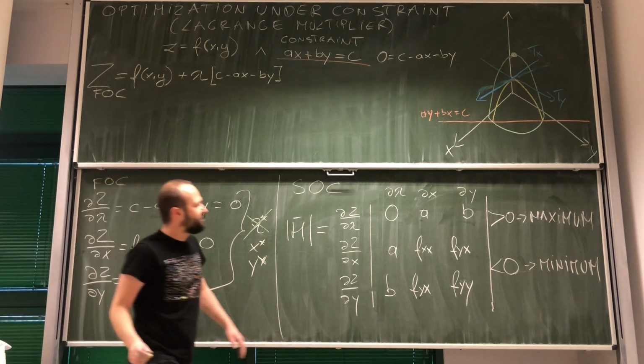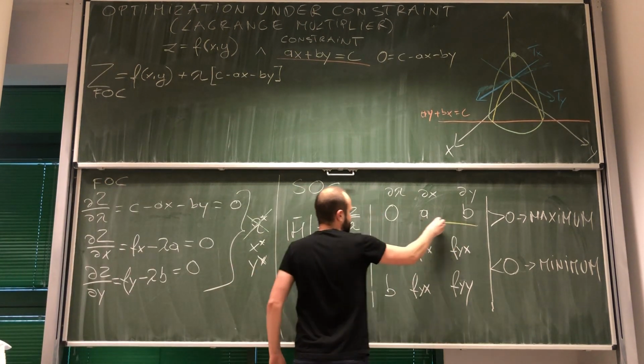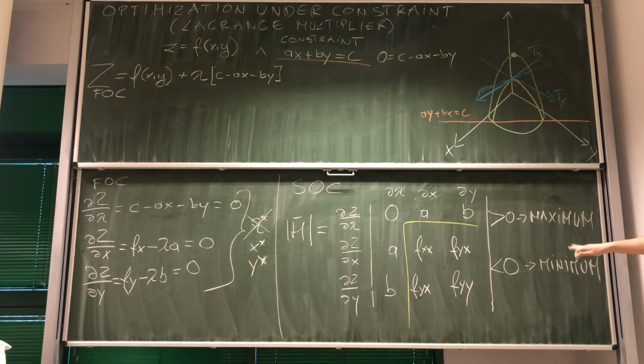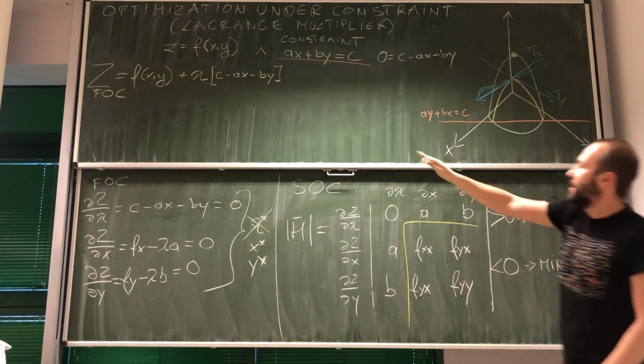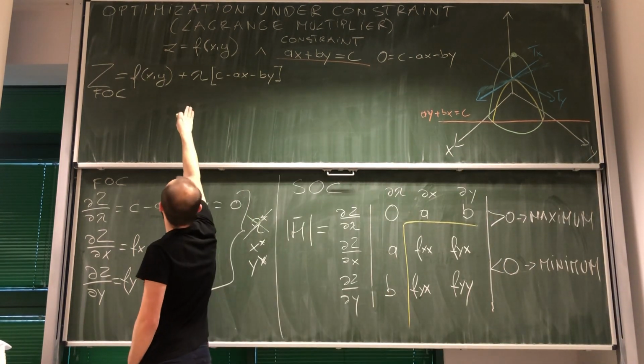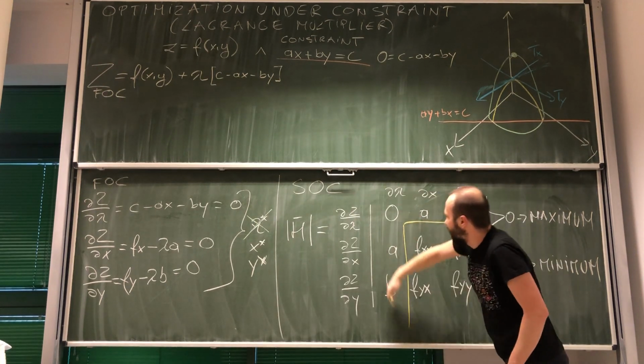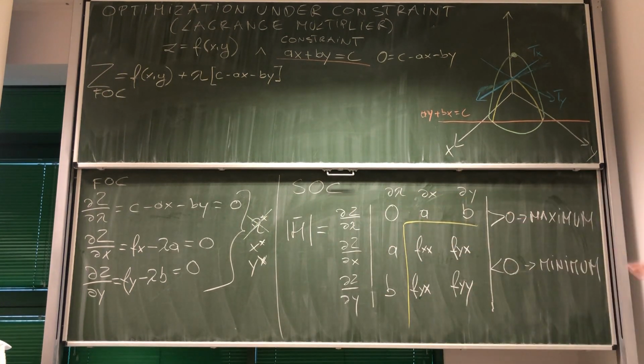Because look, if I'm going to do something like this, what is this? Look, this is a regular Hessian for z equals f(x,y), right? And on the top, it has this additional border, and because it has this additional border, we call it bordered Hessian.